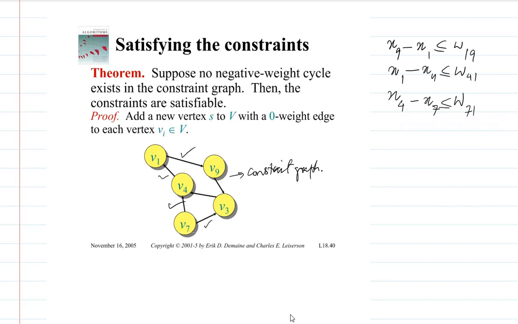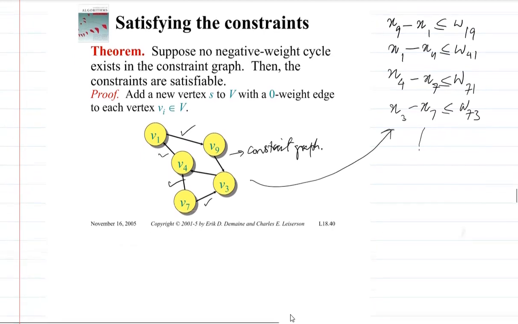Let's talk about this one. Then in this case x3 minus x7 should be less than or equal to w73, and so on and so forth. You can see that I can transform this constraint graph into a system of difference constraints by looking at them.